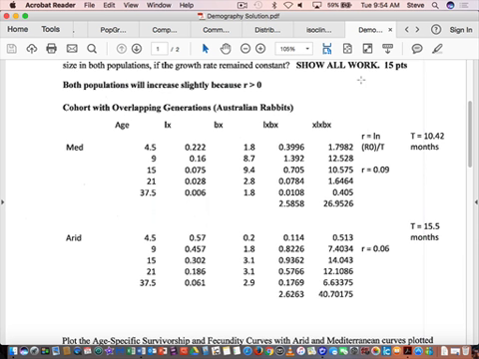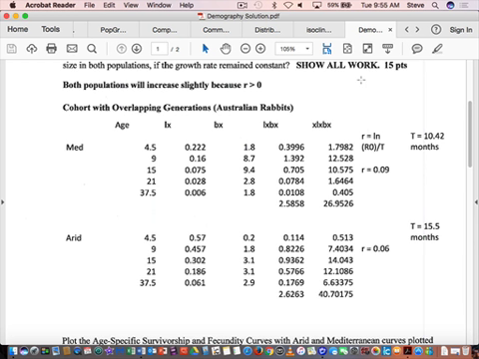So when you do all those calculations, you take the log of R sub O divided by T, R equals 0.09 in this population, and R equals 0.06, okay? So that's fairly close to zero, right? But would it be positive population growth just by its absolute value? Yeah, it's above zero. So remember, small r, if it's greater than zero, means there's going to be a positive population growth rate. This is pretty much zero, pretty stable.